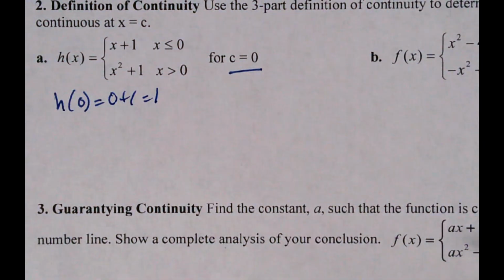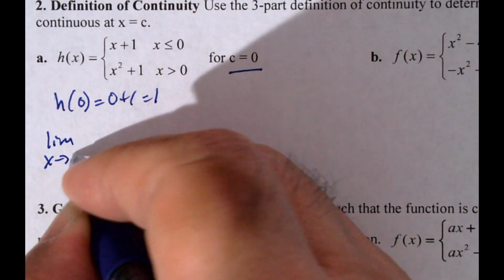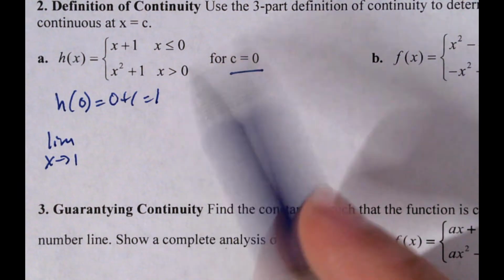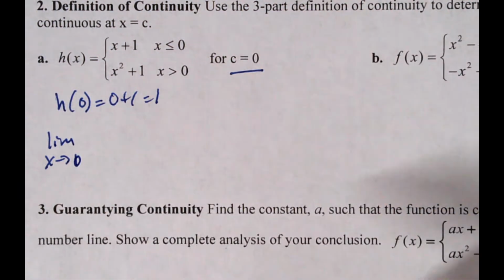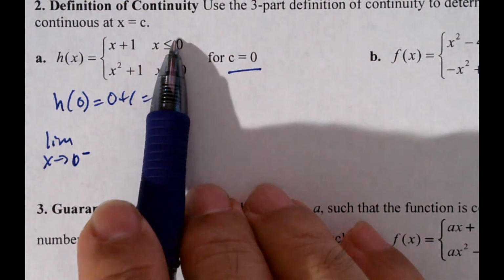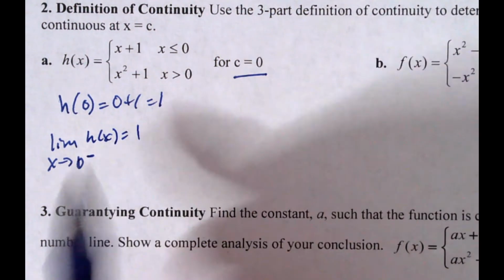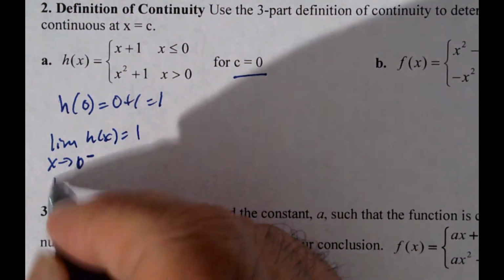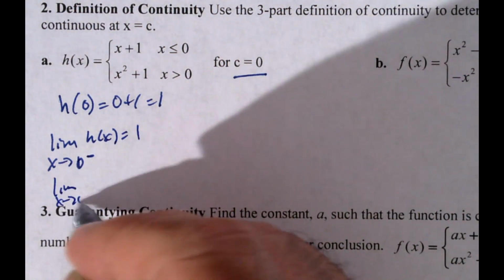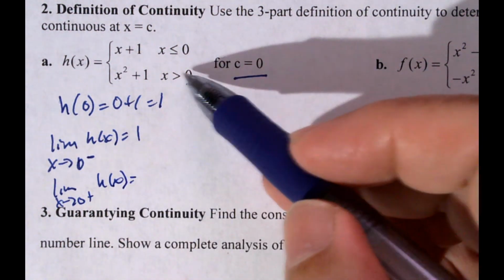Now take the limit as x approaches 0. It's a piecewise function. From the left will be the top part, and that's going to equal 1. Then take the limit as x approaches 0 from the right. That's the bottom one here. Plug in the 0 and I get 1 again.